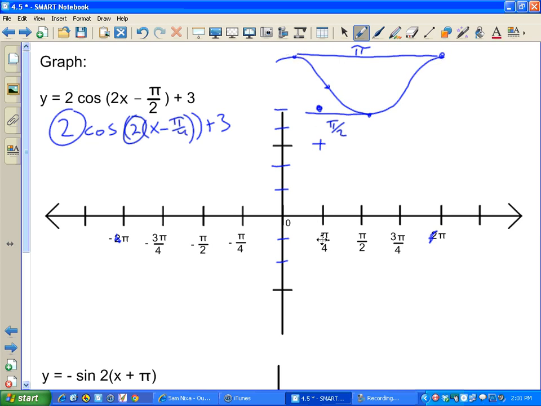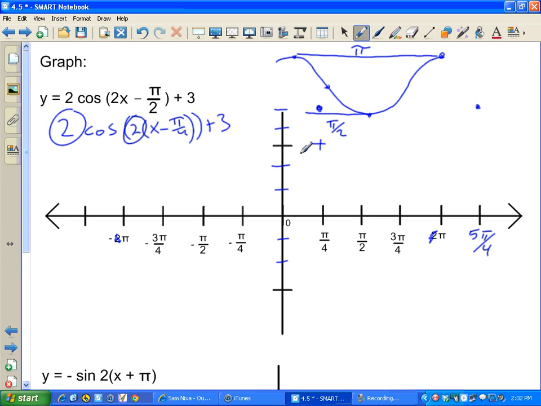So this is pi over 4. If I add another 4 pi over 4, that'd put me at 5 pi over 4, which would be here. And that's where I'll be at the top again. Halfway between those, so pi over 2 away, that'd be 2 pi over 4. So there's 1 pi over 4, 2 pi over 4.